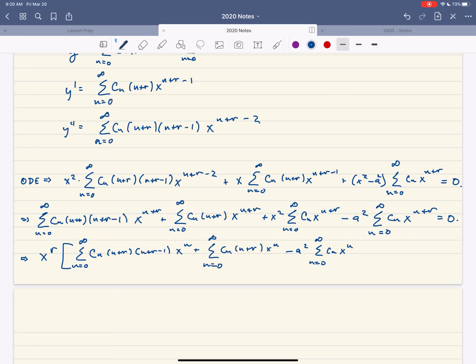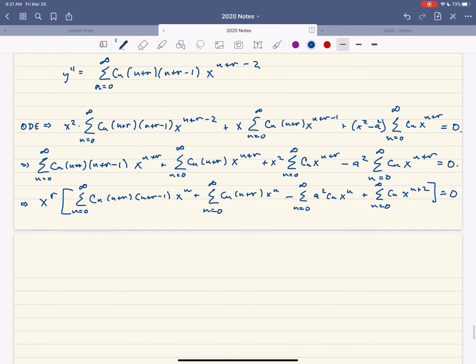And actually, let's move some stuff around, a little iPad magic here. I want this a squared to be inside the sum. And then finally, we're going to be left with plus c sub n, x to the n plus 2, if we factor out the x to the r and move the x squared inside. And that's all going to be equal to 0.